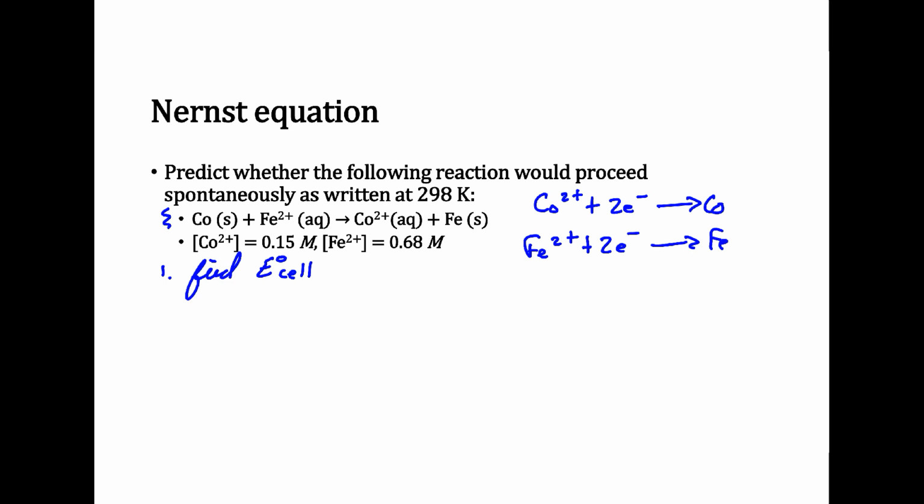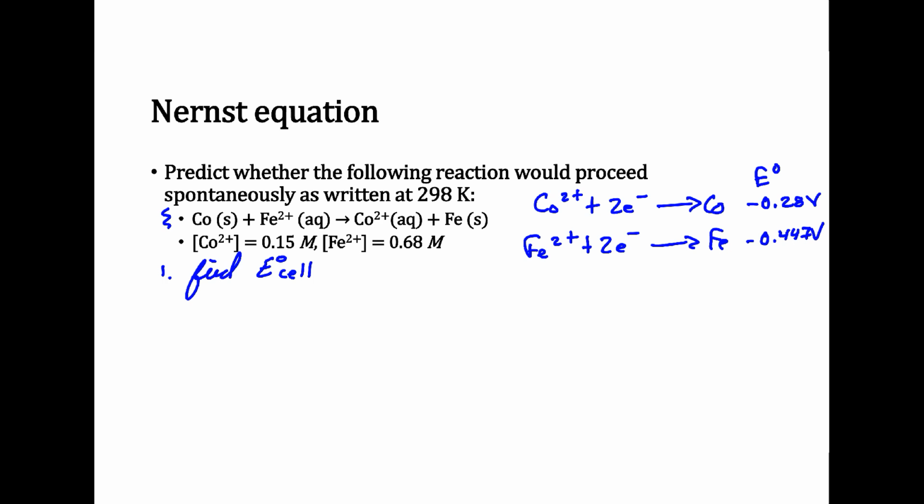So in this case, the standard potentials for this first half reaction is negative 0.28 volts. And for the second one with iron, it's negative 0.447 volts. These values may differ slightly depending on which table you get them from.